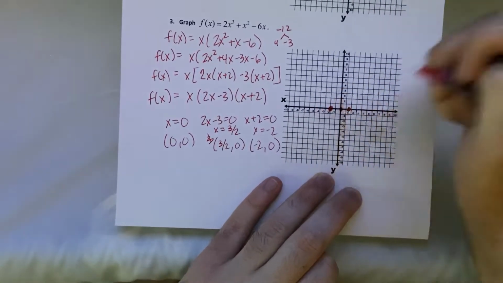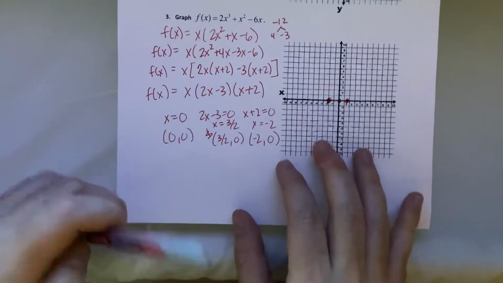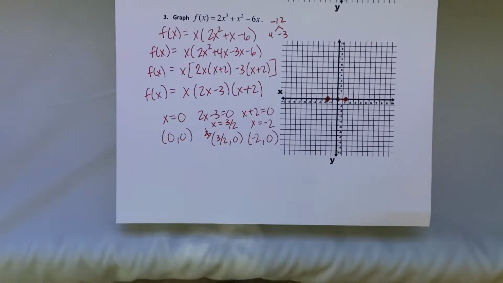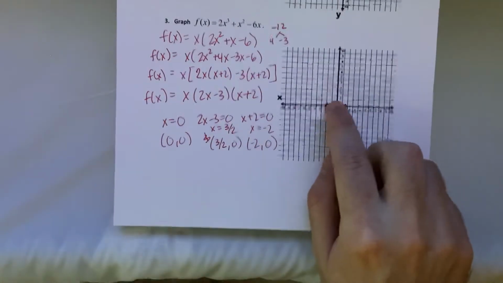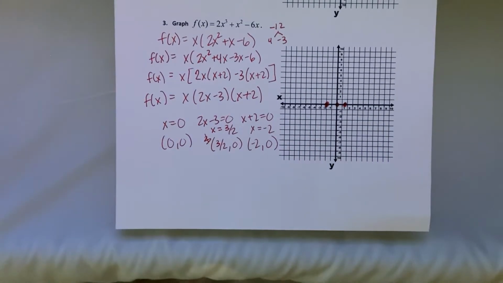3/2 is 1.5, 0. So let's talk about this chart that we did in the end of the last problem a little more extensively. So the idea behind using the chart is the only places that I can cross from a positive to a negative are the zeros. Why? Because in order to get from a negative number to a positive number, I have to at some point cross 0.